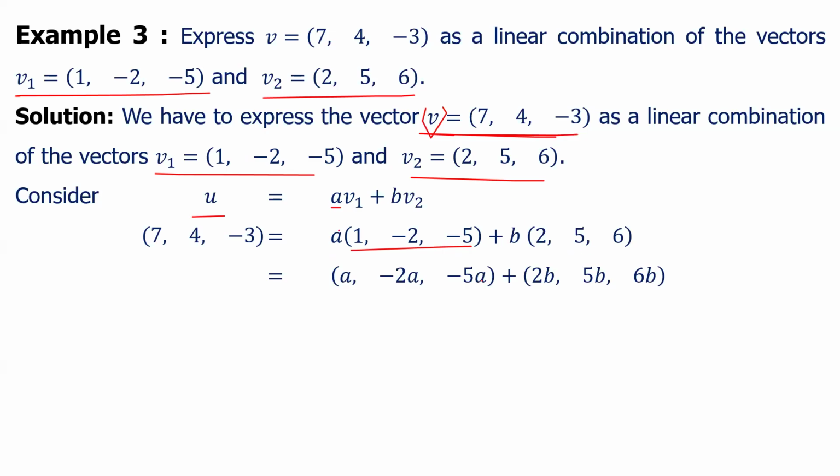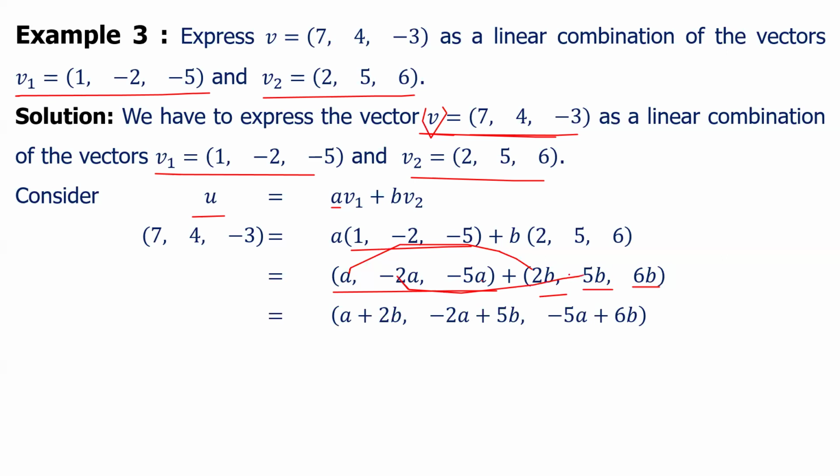If we multiply, then we get a, -2a, -5a, plus 2b, 5b, 6b. If we add them, then we get (a + 2b, -2a + 5b, -5a + 6b).